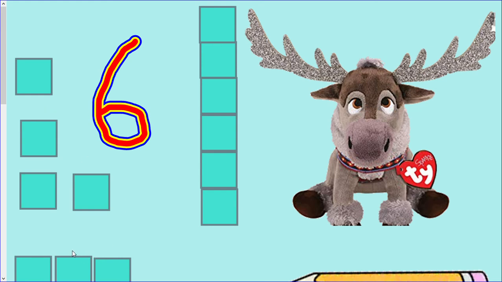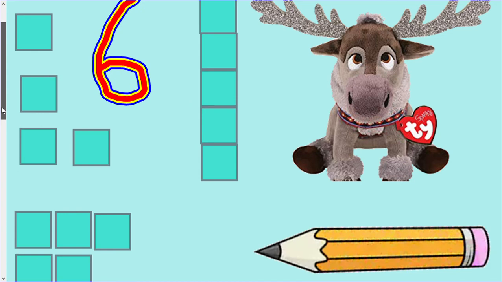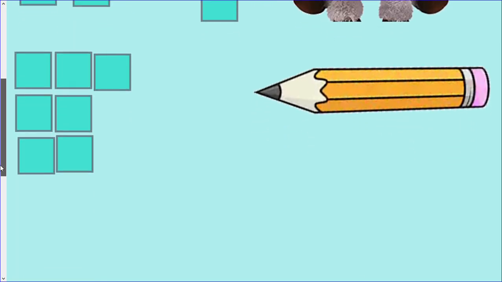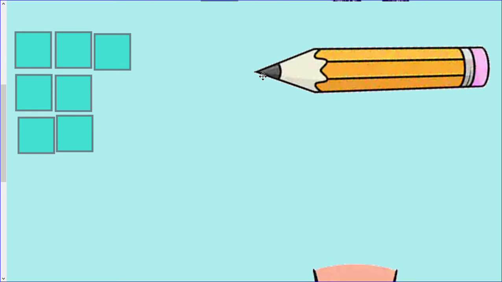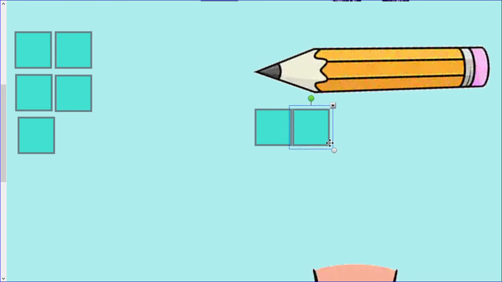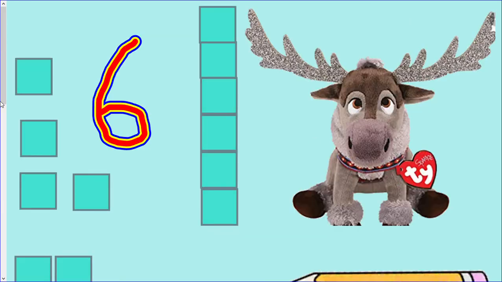Okay, now, so that is a lot of measuring height, but you can do the same with length. So this time we've got something that is lying down. We've got this pencil. So when we're doing that, we need to make sure we measure from the starting point here right until the end of the lying down shape. So let's get our cubes ready. 1, 2, 3, where's our pencil gone?